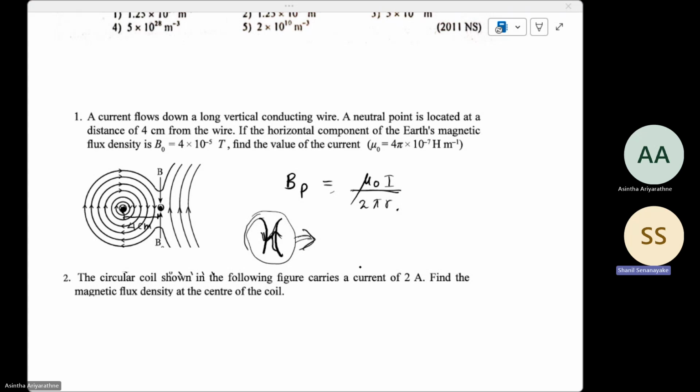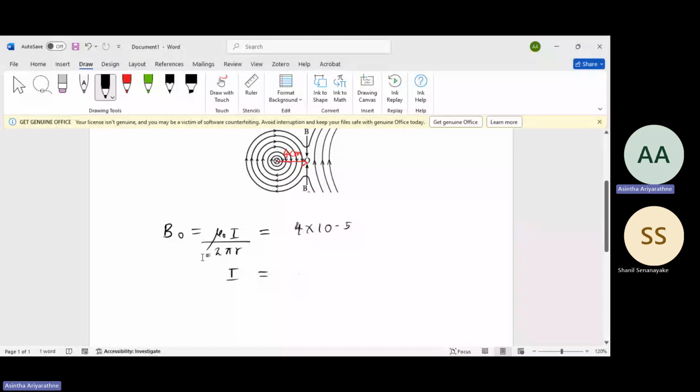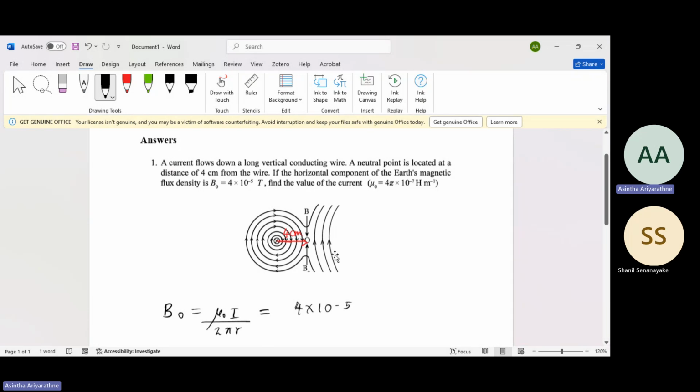2 amperes. So here at point O, the magnetic field due to the wire should be equal to the Earth's magnetic field, right?